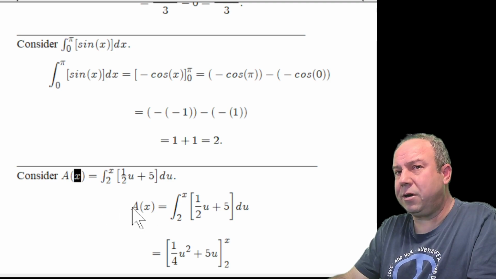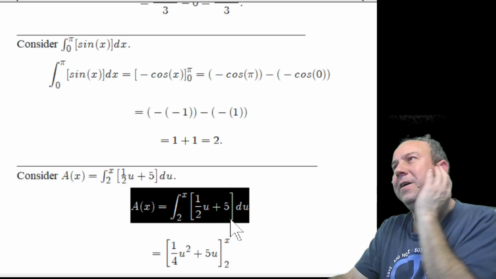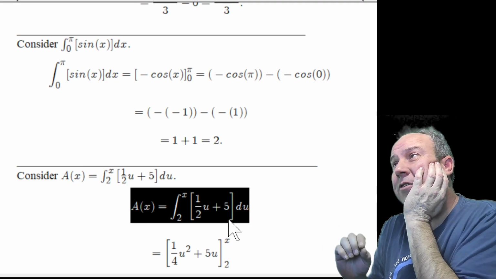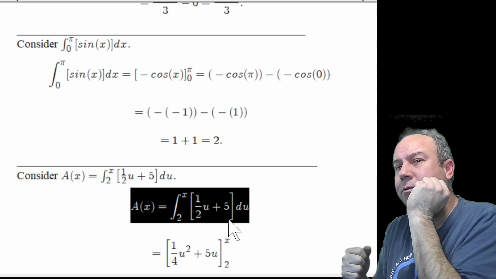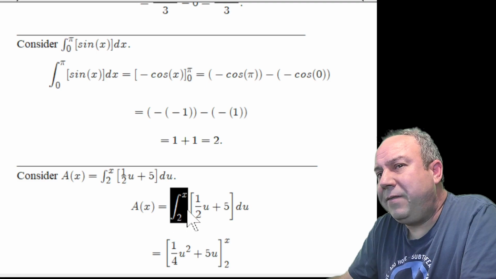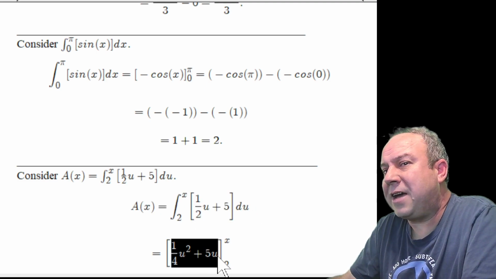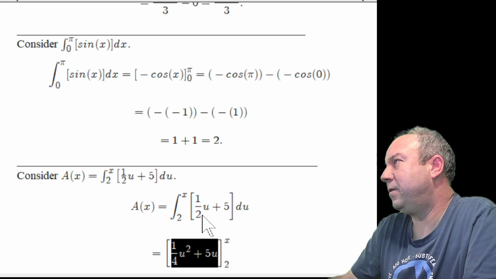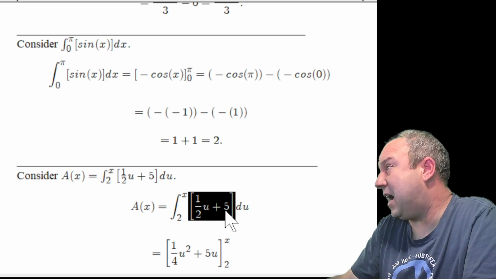Well, what we just learned through the use of the area function to give us the fundamental theorem of calculus part 2, is that I can evaluate this definite integral by using its antiderivative. What's the antiderivative of 1/2 u plus 5?